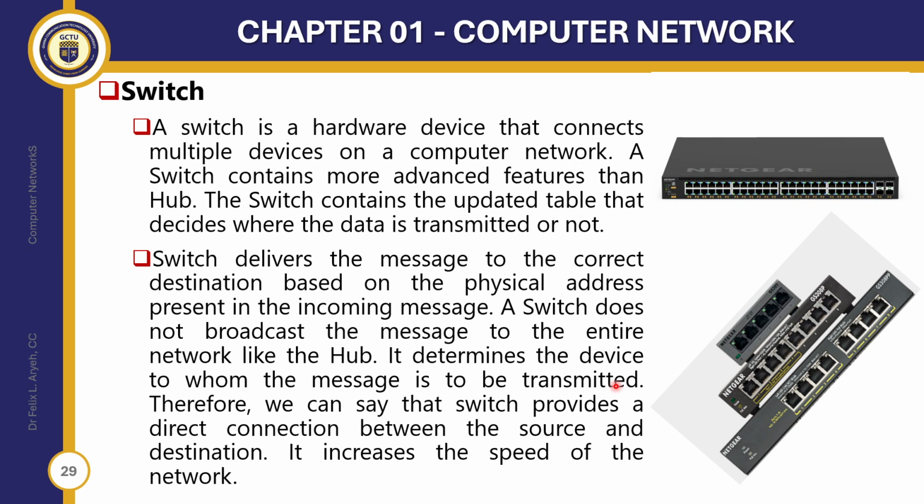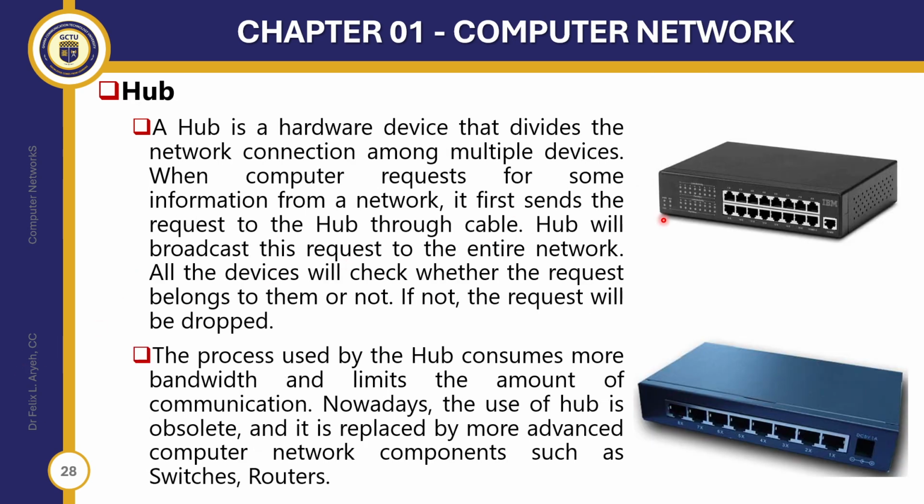The switches are very intelligent in the sense that when you send data from a node to another node, if one node is connected to this particular port and another node is connected to that particular port, a node is any device on the network.